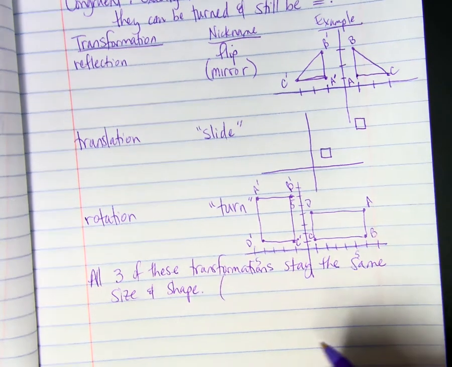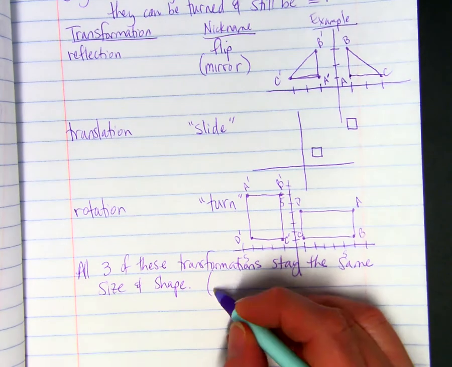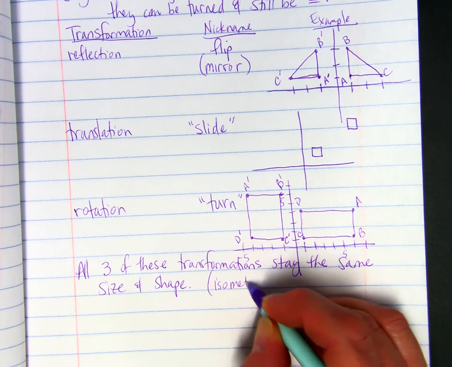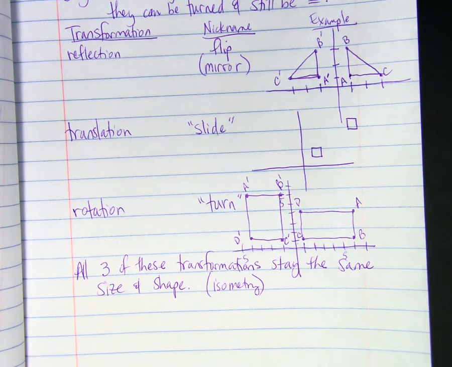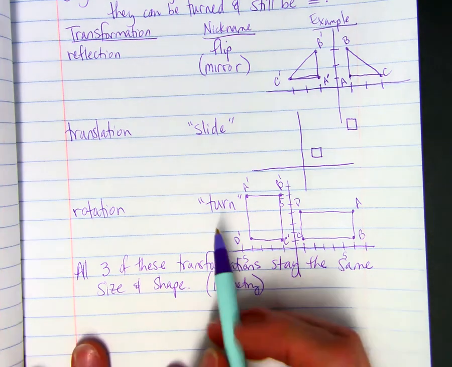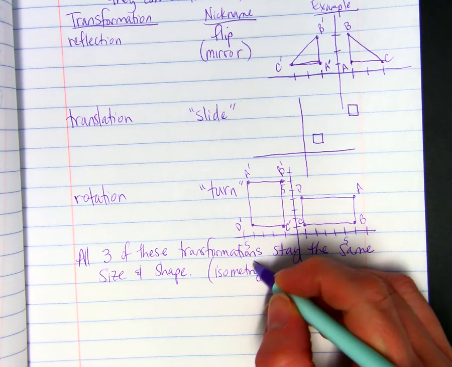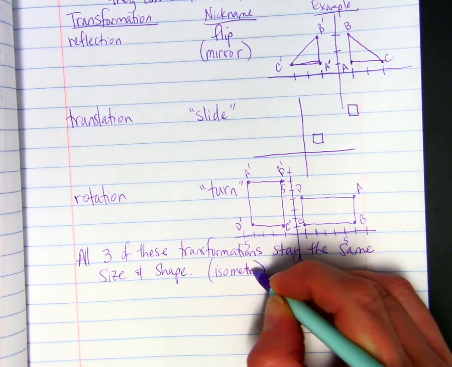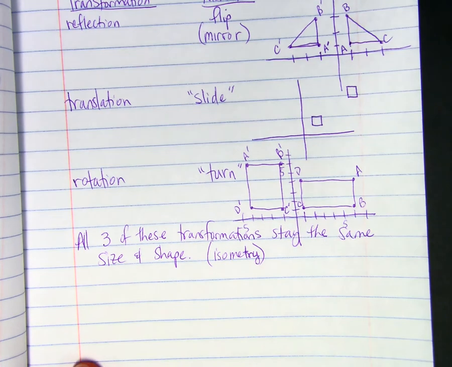And you can put in parentheses isometries. I don't believe that they introduced that word in your book, but I like to have new words ahead of time. Isometry, I-S-O-M-E-T-R-Y. So when you hear it next year or the year after, you know what it means.